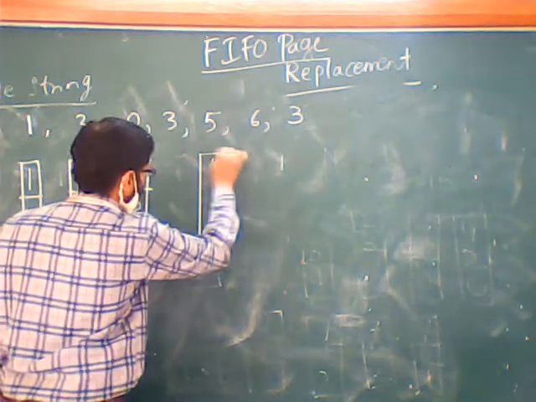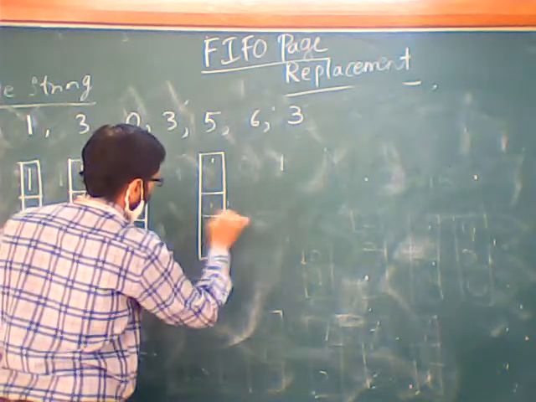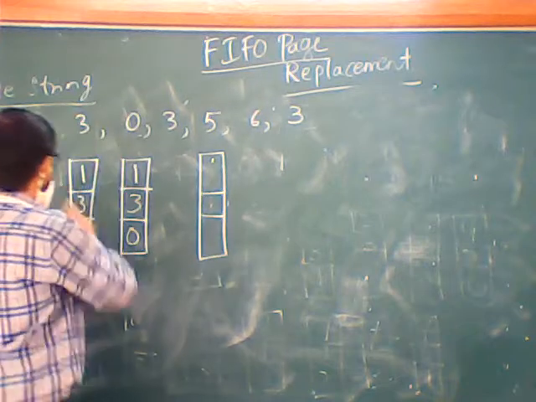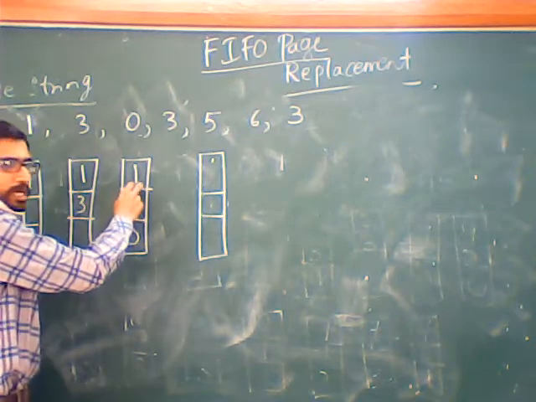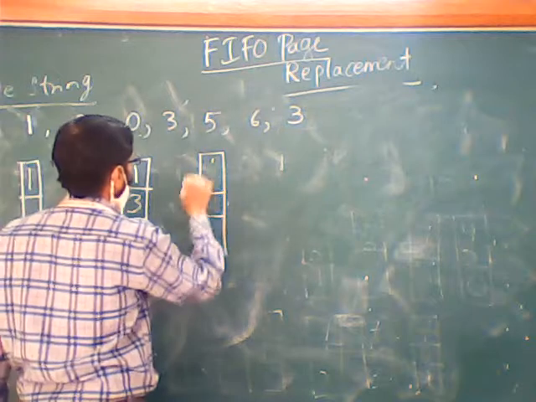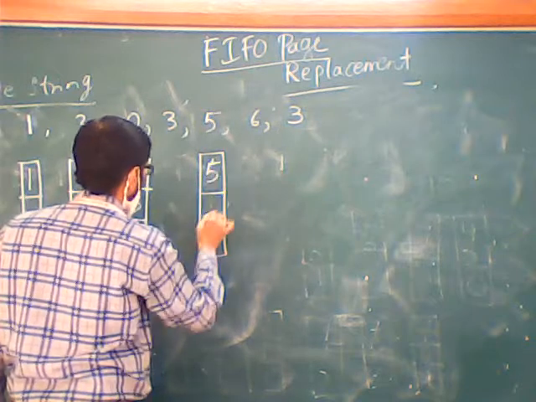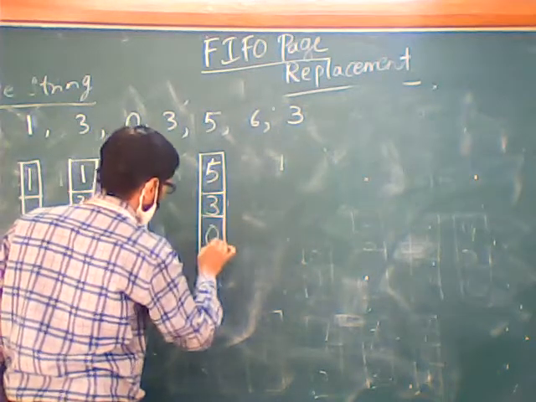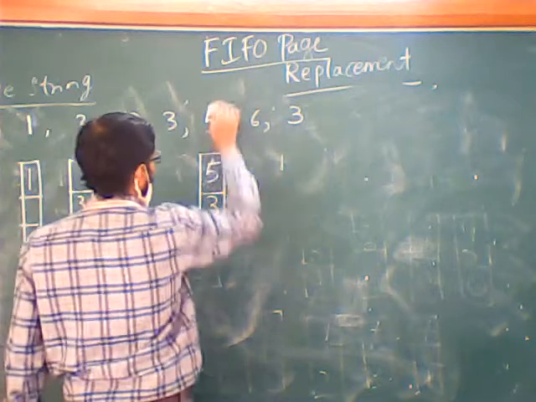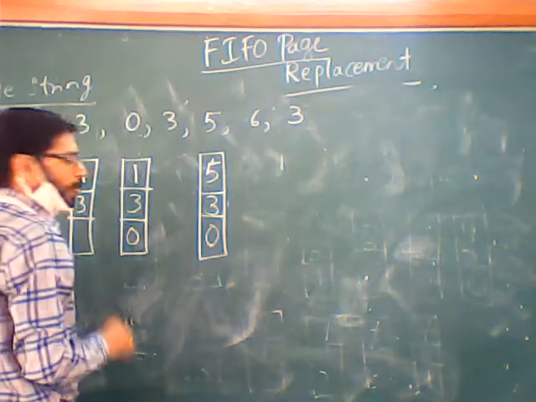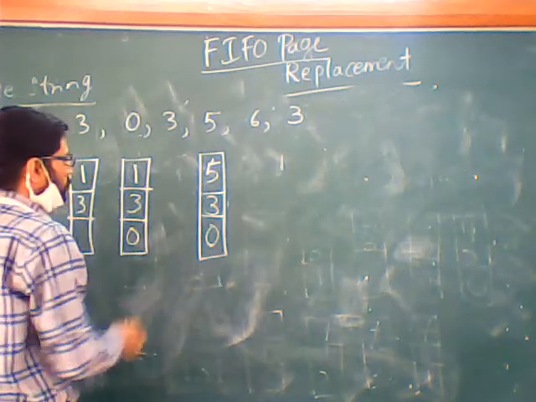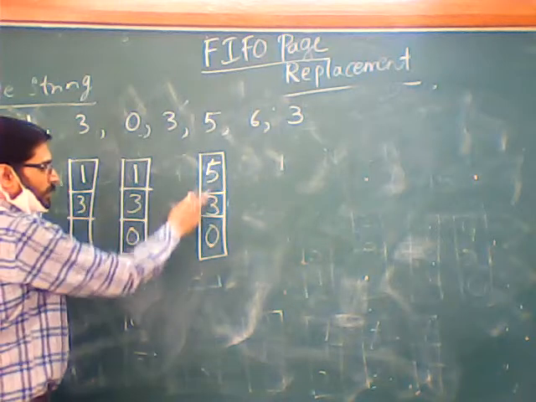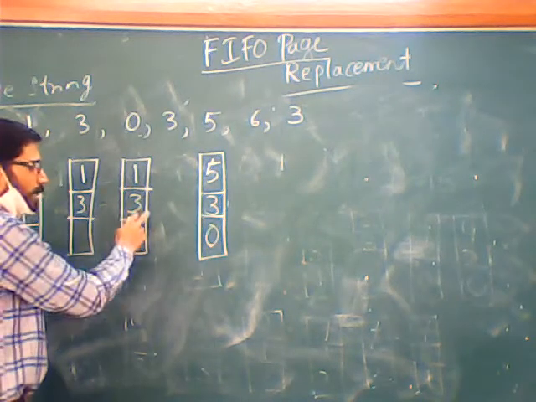Now again apply first in, first out. Out of 1, 3, 0, which is first? 1 is first, so we will replace 1. It becomes 5, 3, 0. We are done with this. Next 6. Is 6 available? No. So replace with what? Replace 3, because out of 5, 3, 0, 3 is first.